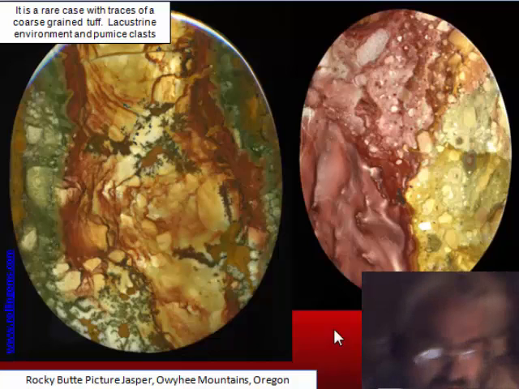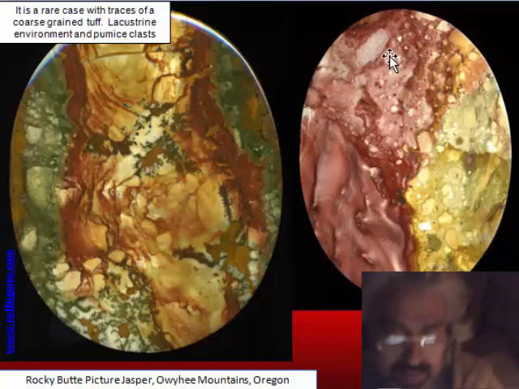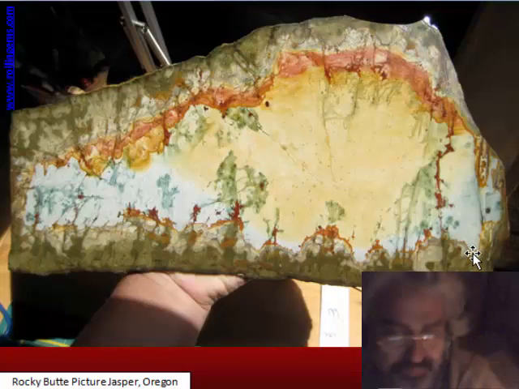It was probably in the bottom of a lake, because there was a caldera lake in this area, and this is a tuff deposited in the lake, and this is probably the pumice clast of the fall. It's a big slab, rocky butte, very nice pattern.